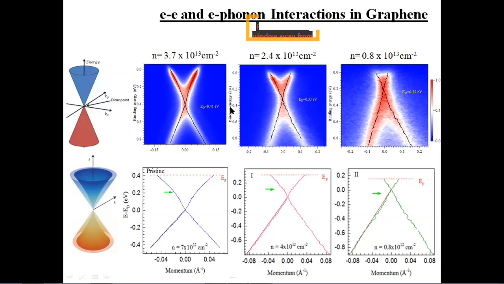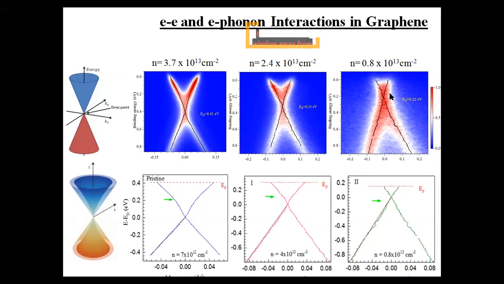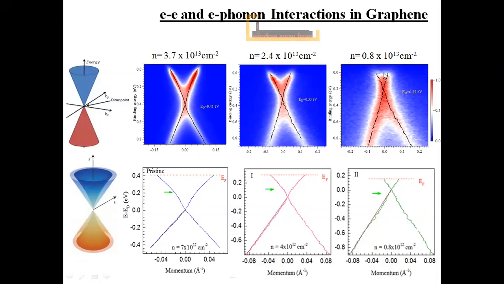Now if you compare these three figures, in this sample only a very small part of the upper cone is seen. This is the lower cone and this is the upper cone. Now if I start filling electrons inside this system, then more and more of the upper cone will be revealed.